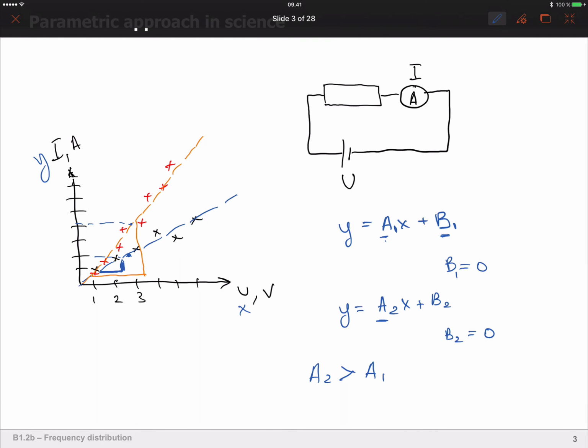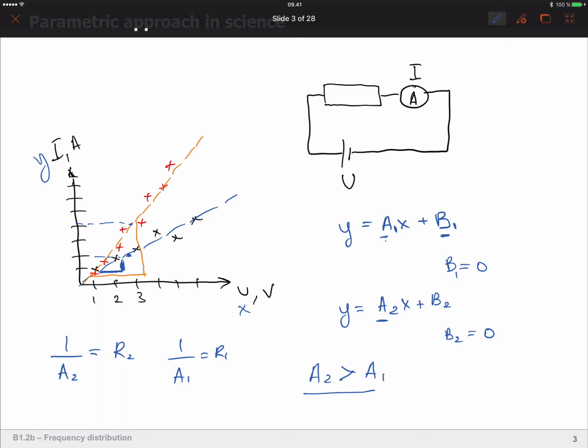So you can think about A as a measure of conductivity of your metal, how well it conducts electricity. If you take the inverse of A, 1 divided by A, it will be the resistivity or resistance of your metal. The same holds for A1.